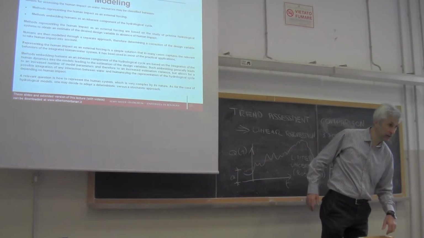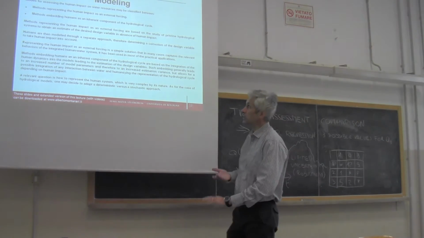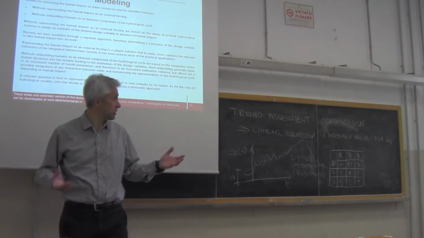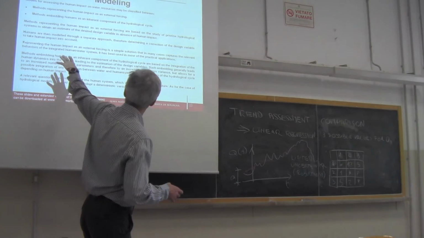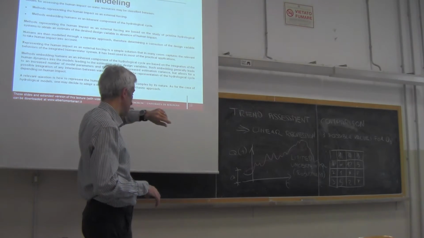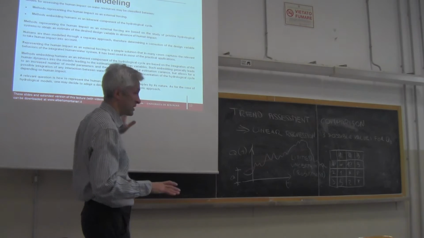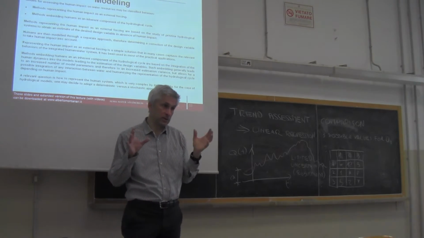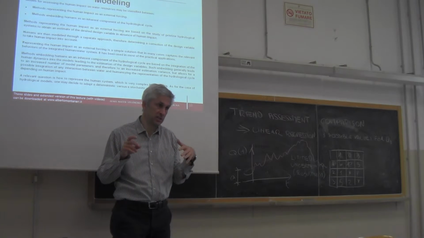And then there is modeling, which we already discussed. Sorry it's written in small characters here, but I can summarize the content of this slide very easily. Natural processes and human processes can be described by models.